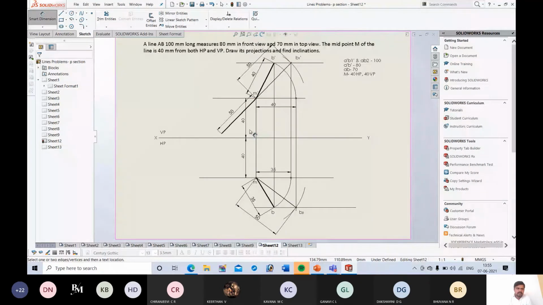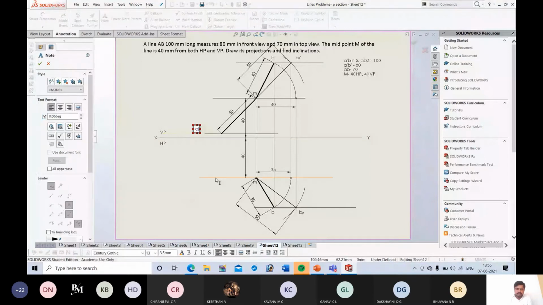Next, after getting this point, draw a locus of point A. And this point is A1.